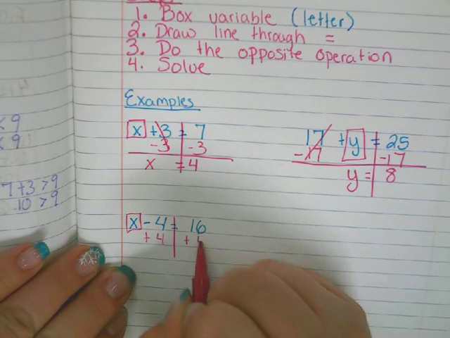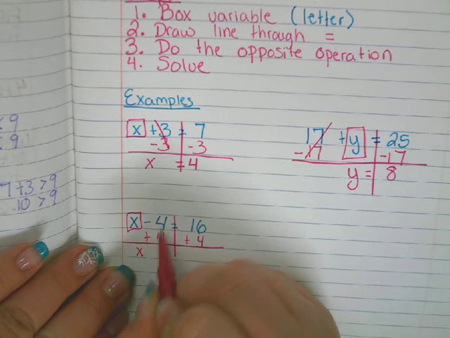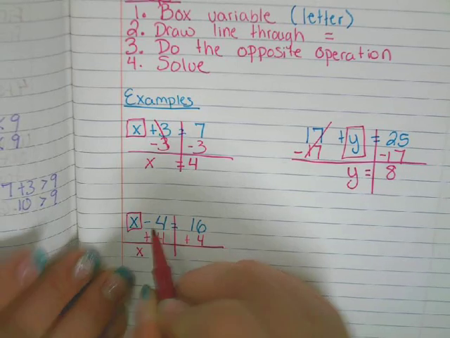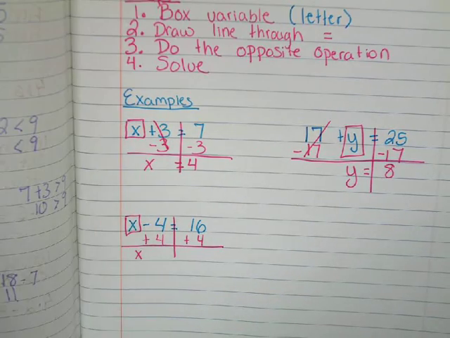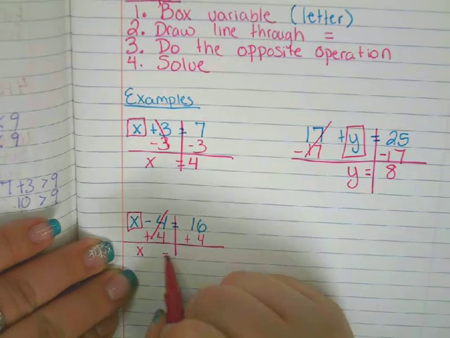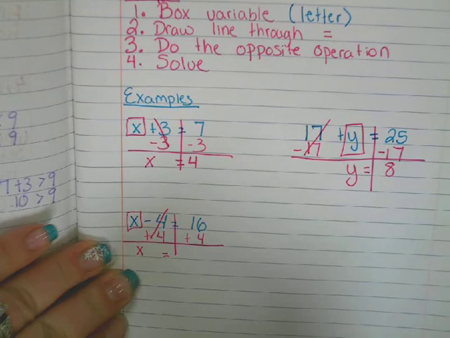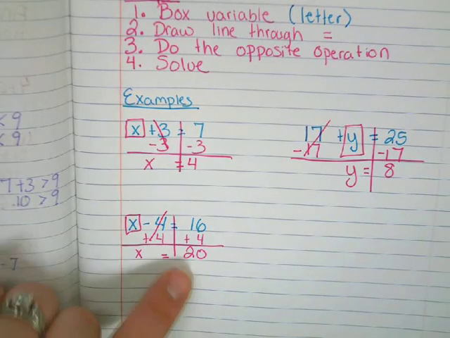So my x did not change. This is a negative 4, so it's negative 4 degrees outside, and it's rising 4 degrees. So that's still going to cancel out. Equals 16 plus 4? 20. So now let's check. 20 minus 4, does that give me 16? Yes.